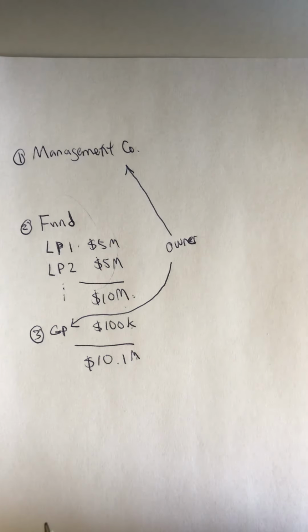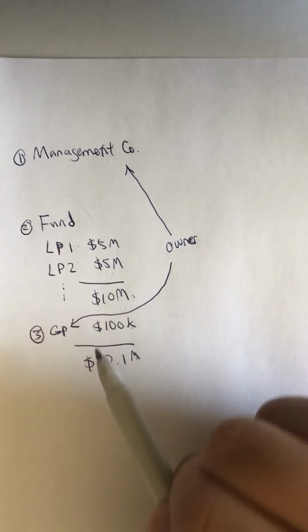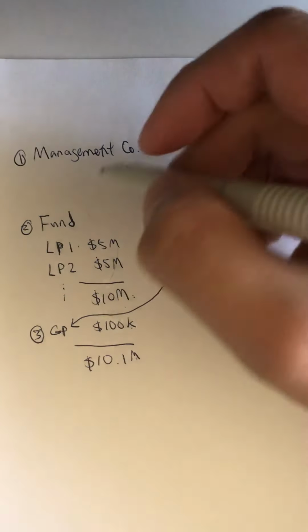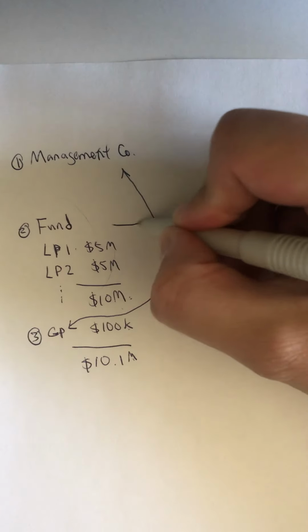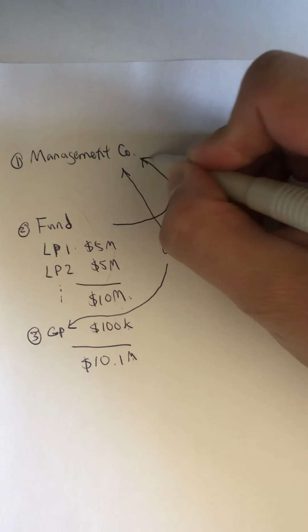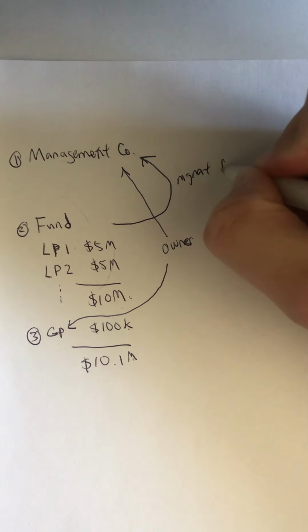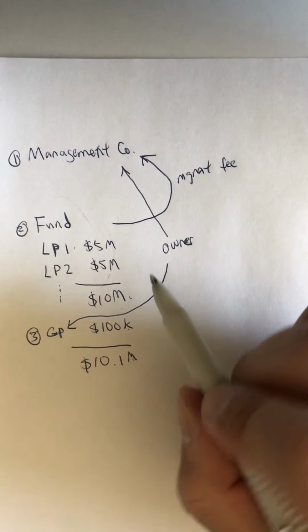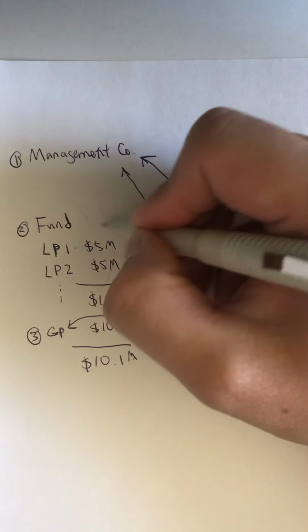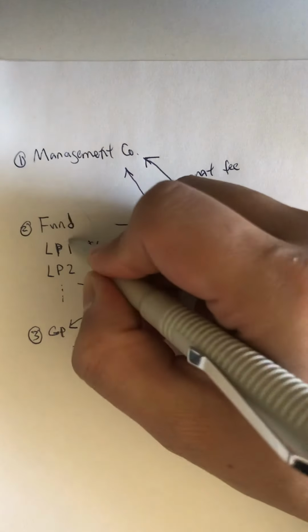Okay, so what are the relationships between these 3 entities? The relationship is that the fund is going to pay a management fee to the management company. Management fee, okay? And then the fund is also going to, notice the GP is within the fund.